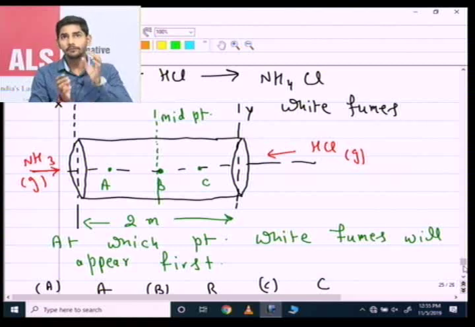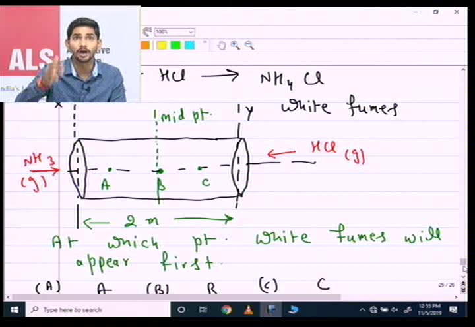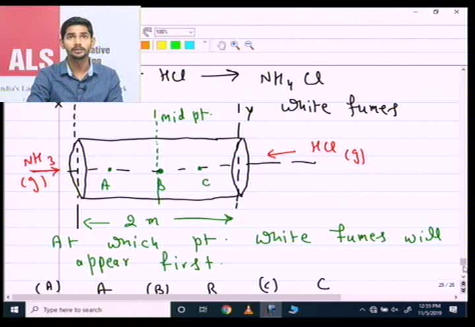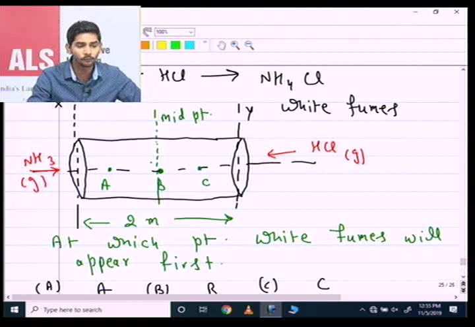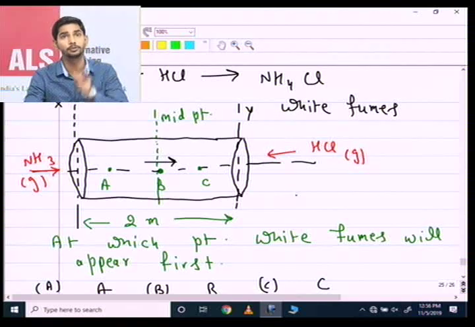If one gas is lighter, and it is about half of the other gas, it will travel almost twice the distance. It is almost confirmed that ammonia will definitely cross point B, which is the midpoint. To meet at point B, their masses should be equal, but the mass of ammonia is almost half.